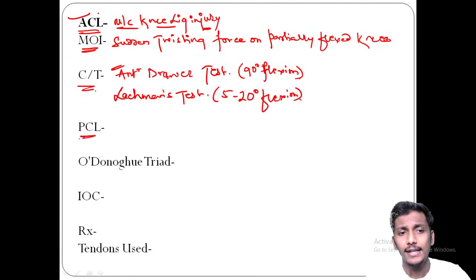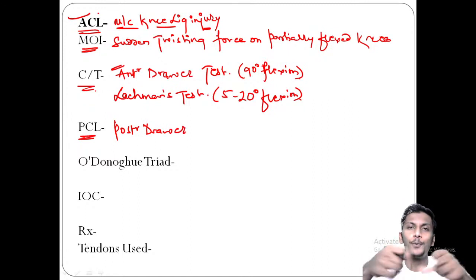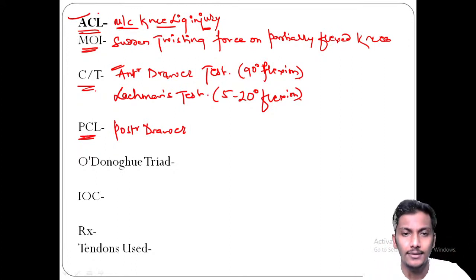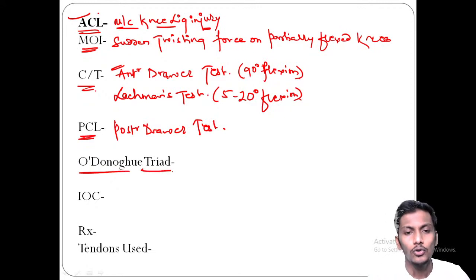Next, for PCL, that is your posterior cruciate ligament. For PCL injuries also we have a clinical test known as the posterior drawer test. Here we try to push the tibia backwards, and as the PCL is injured, the tibia would be pushed backwards without any resistance. So this is known as your posterior drawer test. Then what is the O'Donoghue triad? A question has been asked and can be asked on this again.